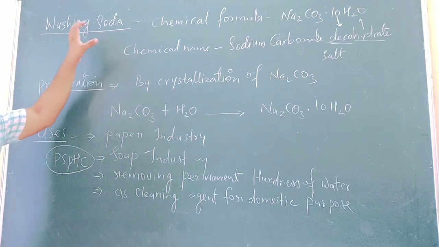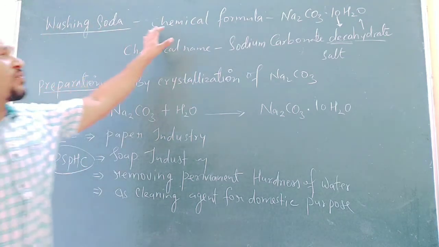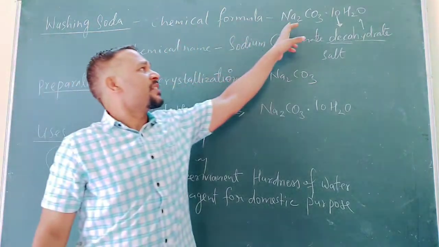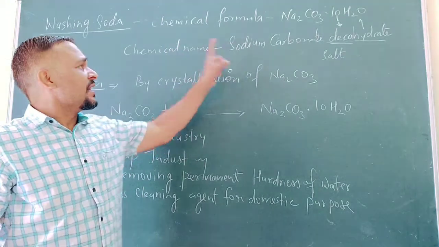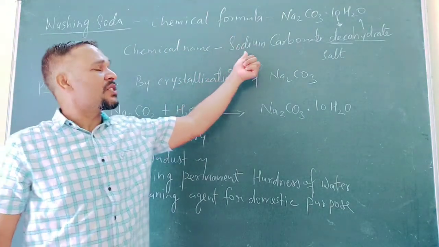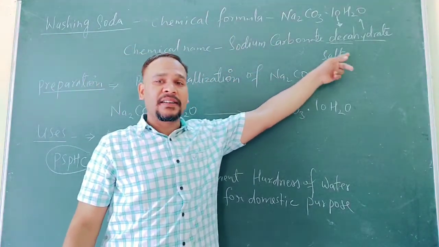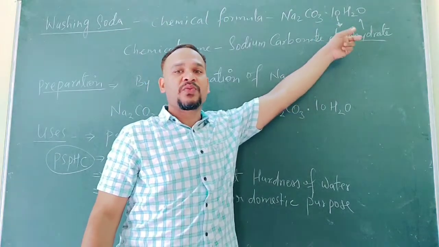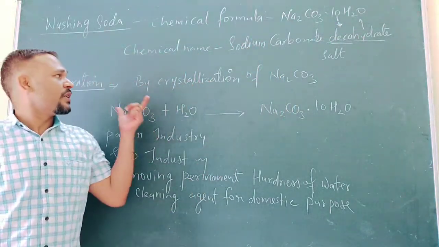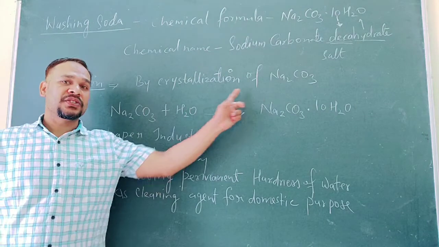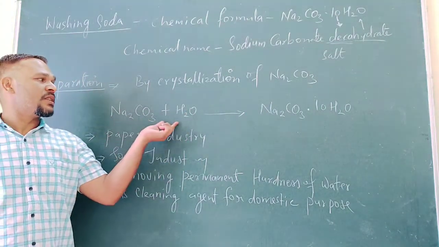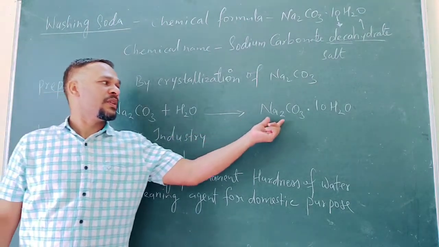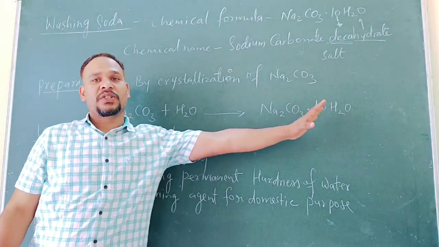Now we can recap. The chemical formula of washing soda is Na2CO3.10H2O. The chemical name is sodium carbonate decahydrate. Deca means 10, hydrate means water. It is prepared by crystallization: sodium carbonate plus H2O gives sodium carbonate dot 10H2O.